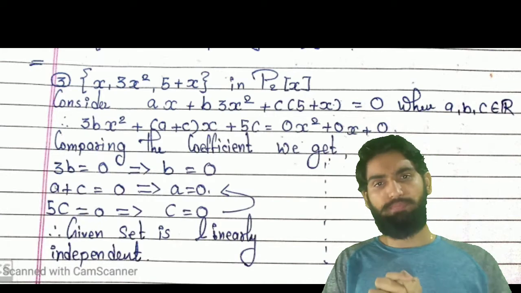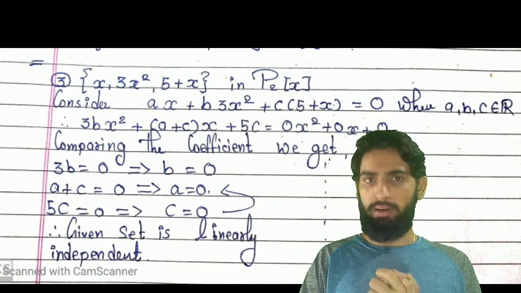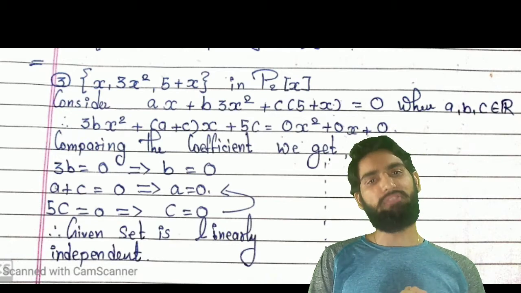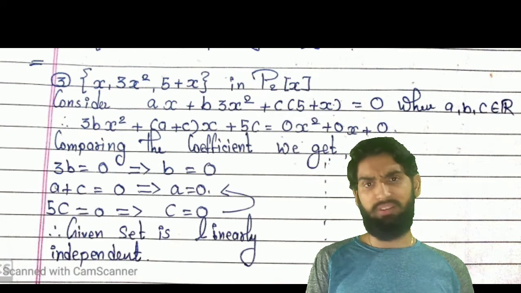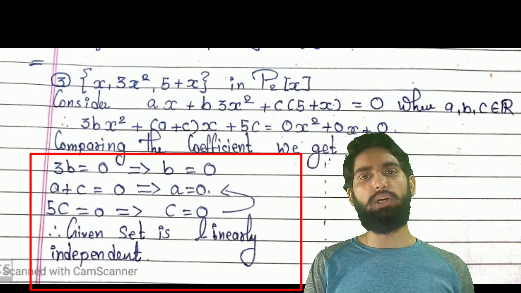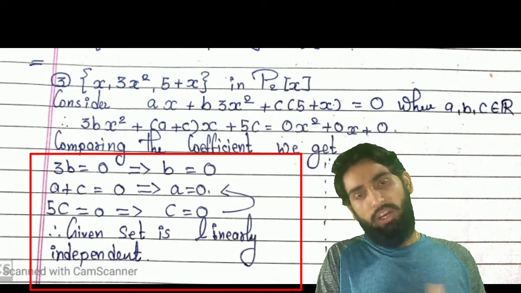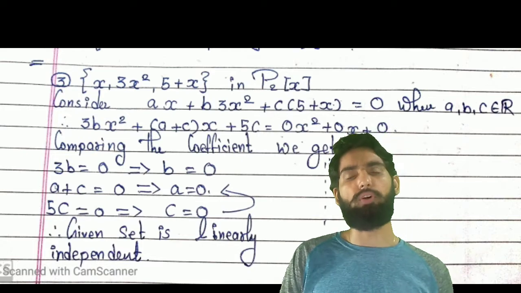But let's solve this. In this case, we simplify it and after that simplification we compare the coefficients. After comparing the coefficients, it is really trivial. You will observe that the values of a, b, c, all 3 of them, are 0. What can I conclude from this?